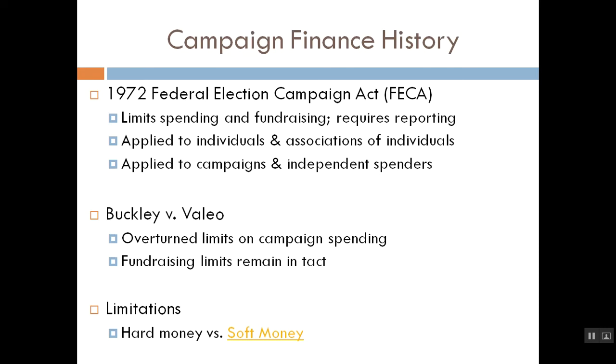Another form of hard money is when you go out and you spend your own money independently, not coordinating with a particular campaign, but in whatever advertisement you run with that money, you explicitly endorse a candidate. So if Donald Trump spent any of his own money to run an advertisement saying vote Trump, that's a form of hard money. That's a clear campaign expenditure.